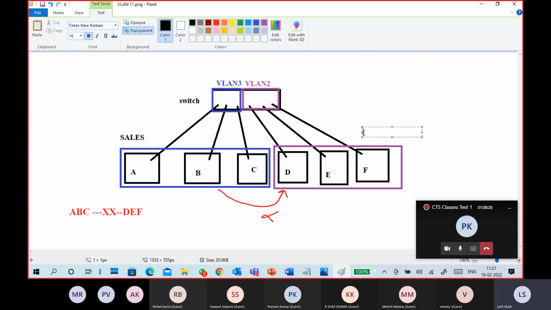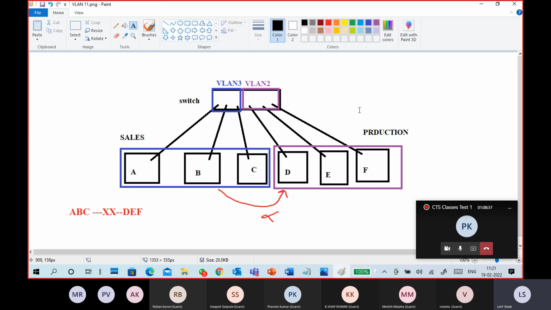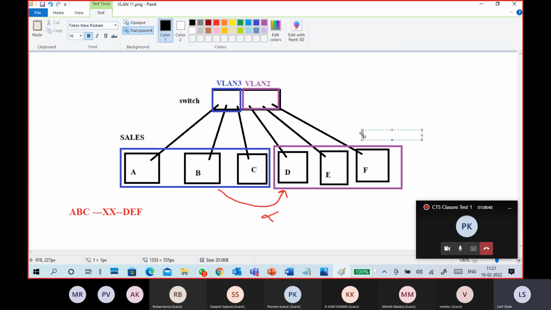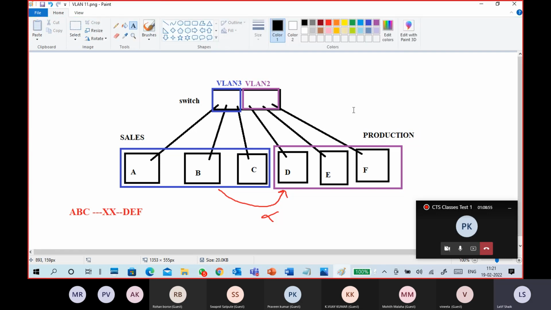For example, this is the production department. So production department people should not communicate with sales people.